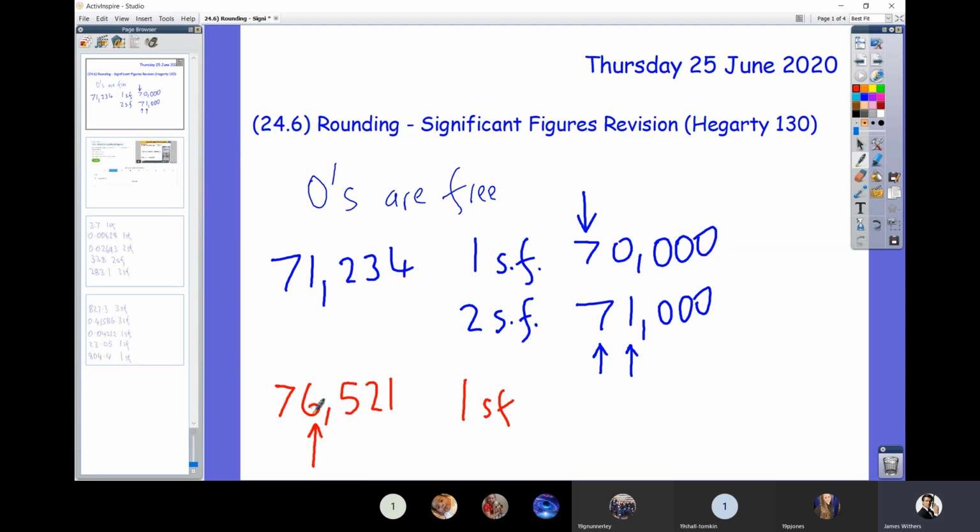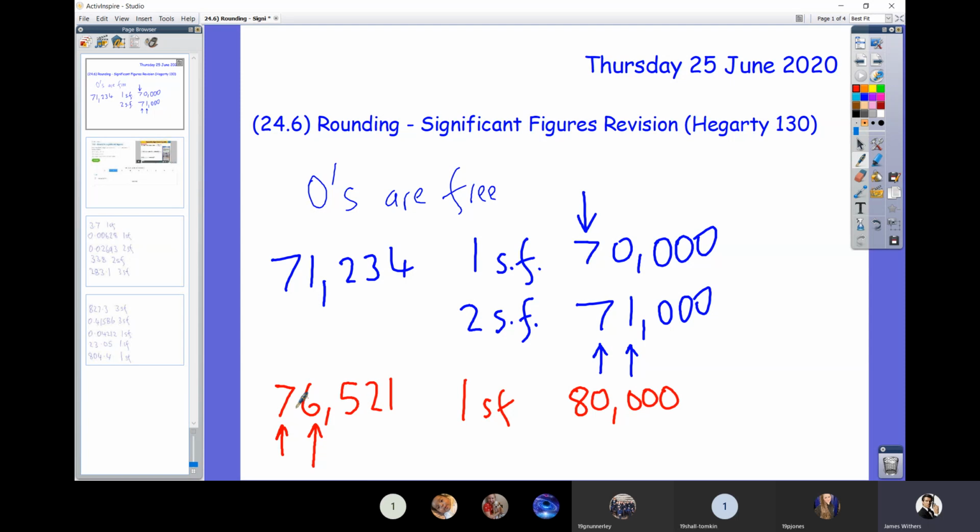Because the next number is 5 and above, we do indeed have to round this 7 up to 8. So to one significant figure, 76,521 would be 80,000 people. And that makes sense because clearly that's more than 75,000, so it's nearer to 80,000 than 70,000.